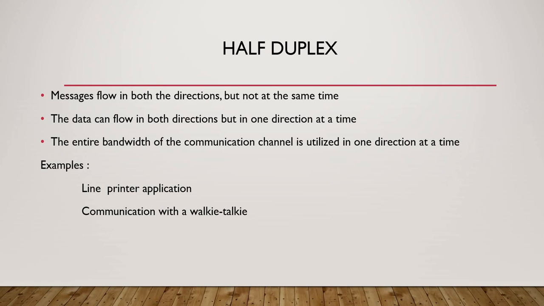Next is half duplex. In case of half duplex, messages flow in both directions but not at the same time. That means either it can send the data or it can receive the data. The data can flow in both directions but one direction at a time.